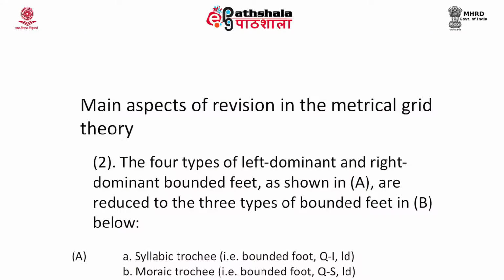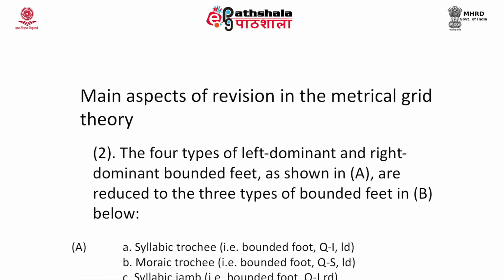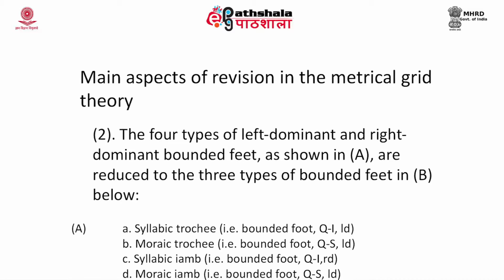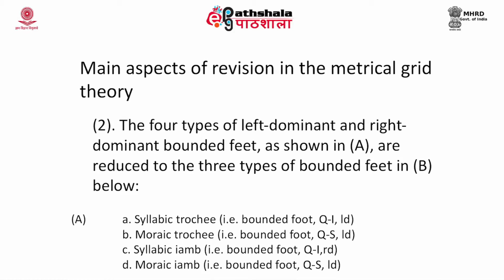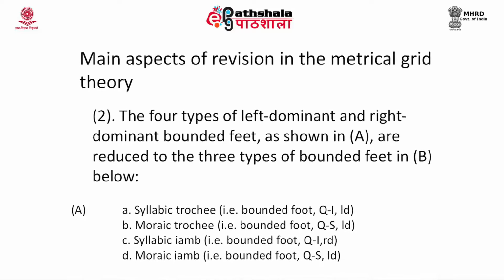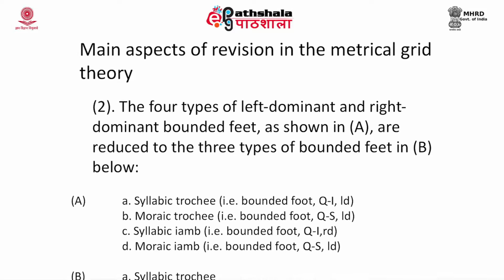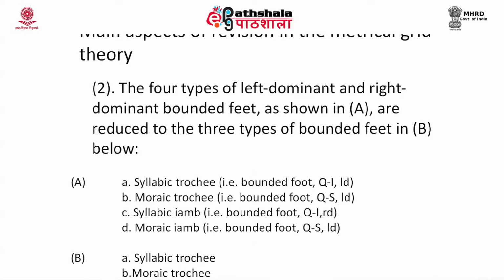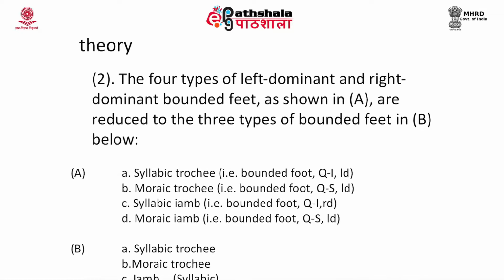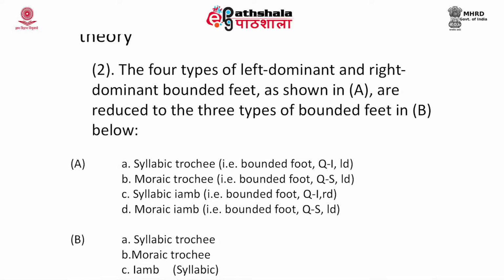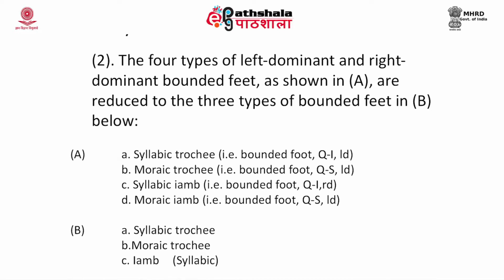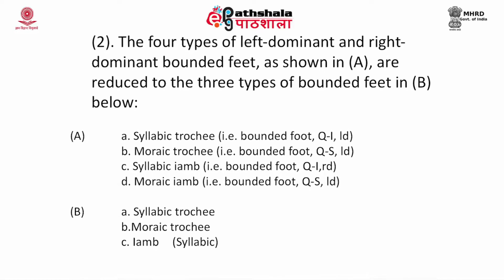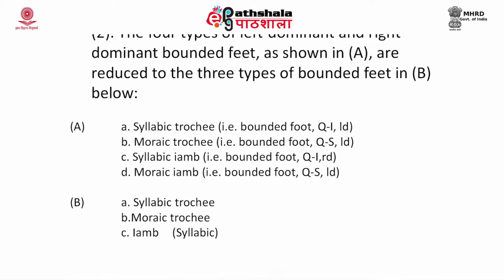Now, the second important point about the revision in metrical grid theory is that in metrical tree theory, when it came to right dominant and left dominant and syllabic and moraic structures, we had 4 types of feet, namely syllabic trochee, that is a bounded foot, quantity insensitive, left dominant; moraic trochee, which is quantity sensitive; then syllabic iamb, which is bounded foot quantity insensitive; and moraic iamb, bounded foot quantity sensitive.